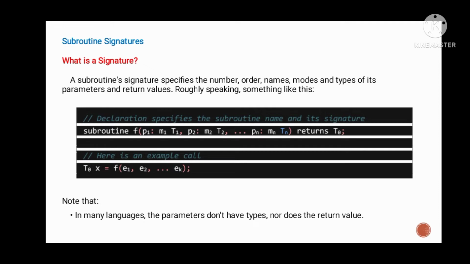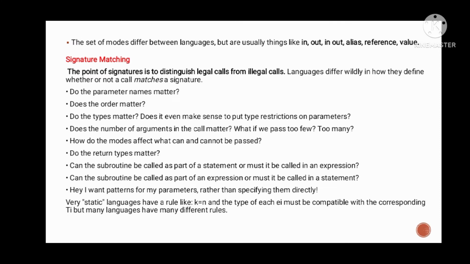Note that in many languages, the parameters don't have types, nor does the return value. The set of modes differs between languages, but are usually things like in, out, alias, reference, and value.